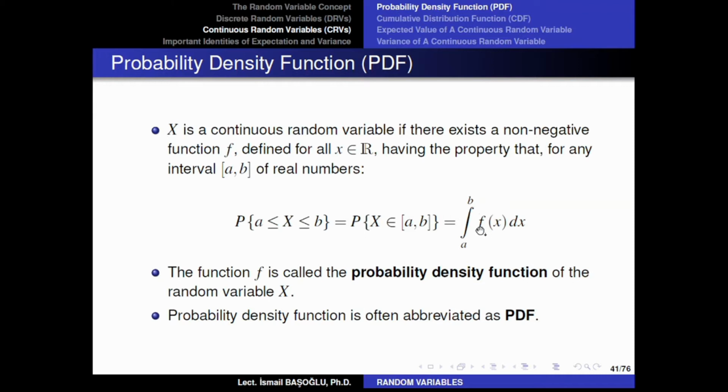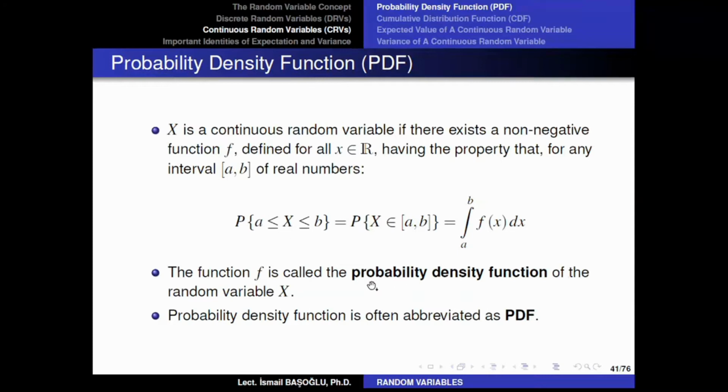So the probability density function, my friends, is going to help us to calculate such interval probabilities by integrating that function from the lower bound to the upper bound of that interval. So you simply integrate the probability density function from a to b to calculate the probability of that random variable to be between a and b.